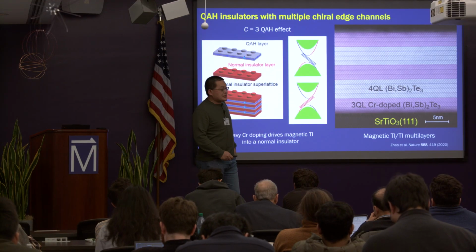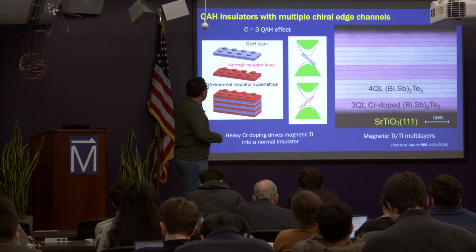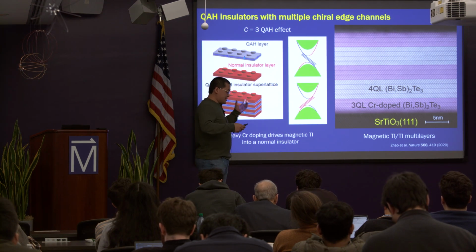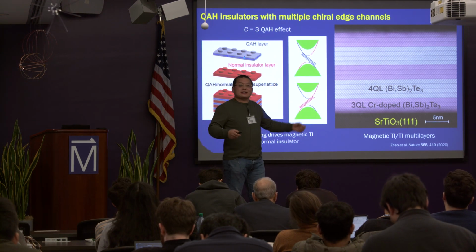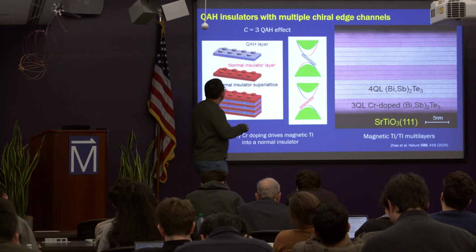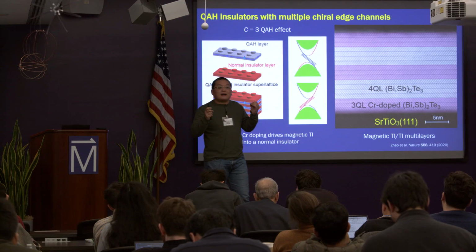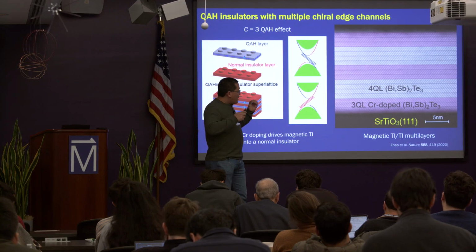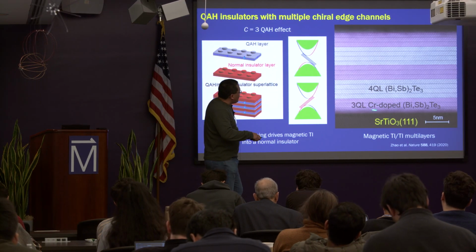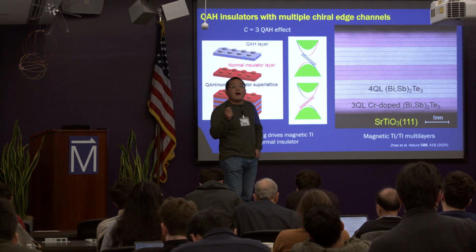In other words, it is chromium doped bismuth antimony telluride here. Over the past, at that time 7 to 8 years, it was really difficult to find these kinds of normal insulators. So here we took a really smart idea. Chromium is a light element and bismuth antimony is a heavy element.